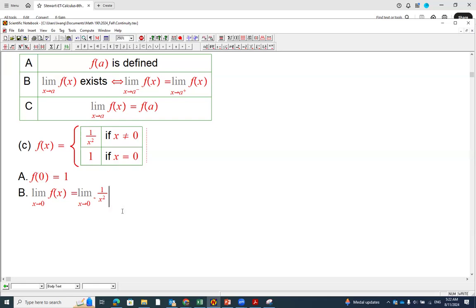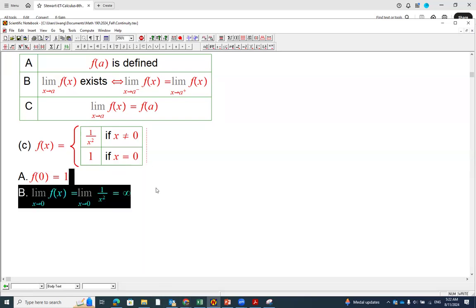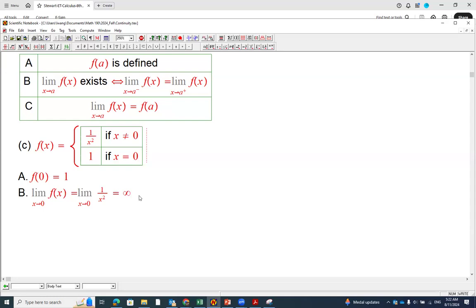Do we need to separate? No, we don't need to. You could, but we don't need to, because x squared turns a negative number into positive. So this is going to be positive infinity. The limit does not exist; it's an infinite limit.